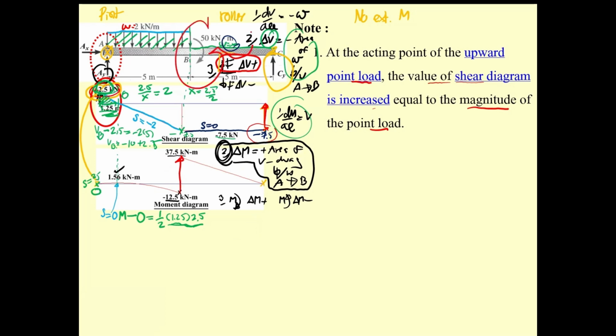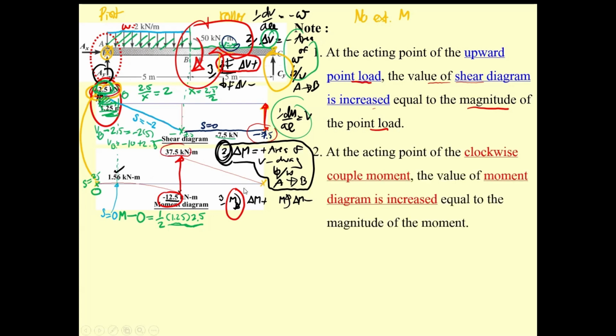This is due to this moment. This moment is loaded in this clockwise direction. Then the moment changes from negative 12.5 to 37.5, noted on this one.